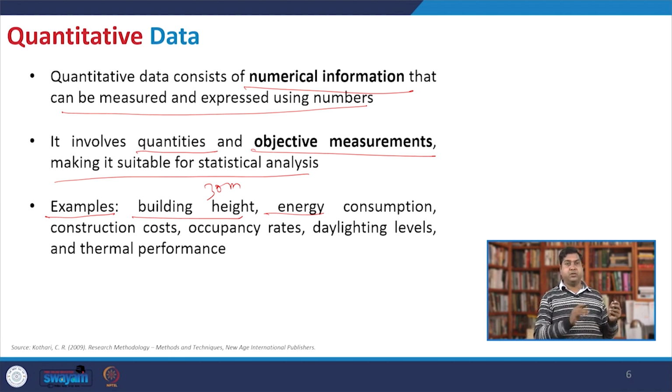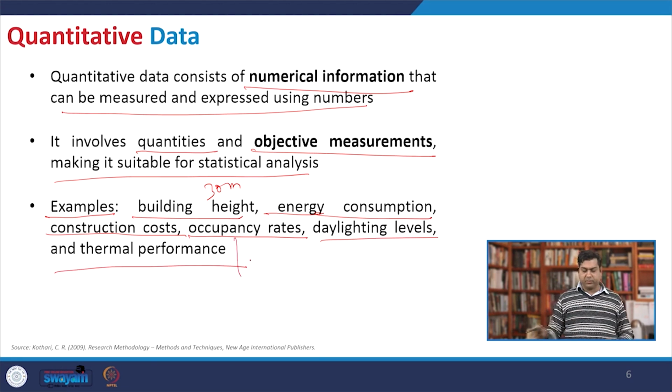It may be the power consumption, that okay, normally how many watts each day we are using of electricity. Construction cost, the amount, occupancy rate, that is also a number, daylighting levels, okay, different lux and other things, and also different thermal performance.